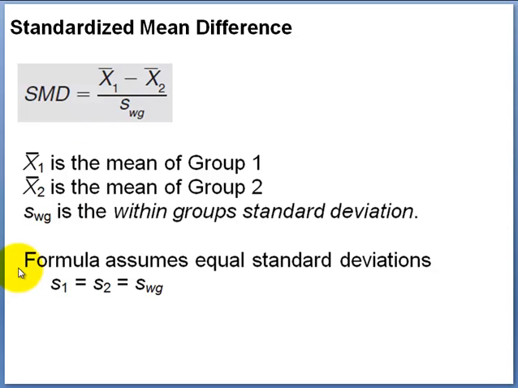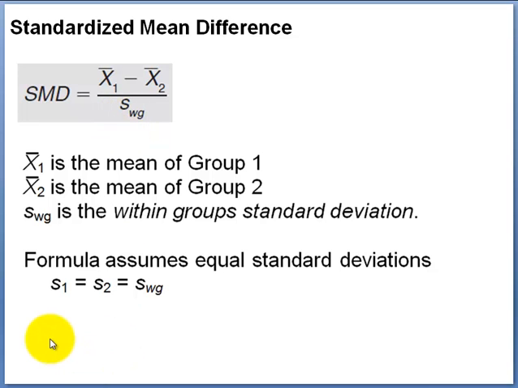We are going to presume equal standard deviations in the two groups. So we are going to presume that the standard deviation in the first group equals that in the second, and that that is the value of the standard deviation within groups. So for instance, on the prior slide, the standard deviation in each group was 10, and therefore the standard deviation within groups was 10.